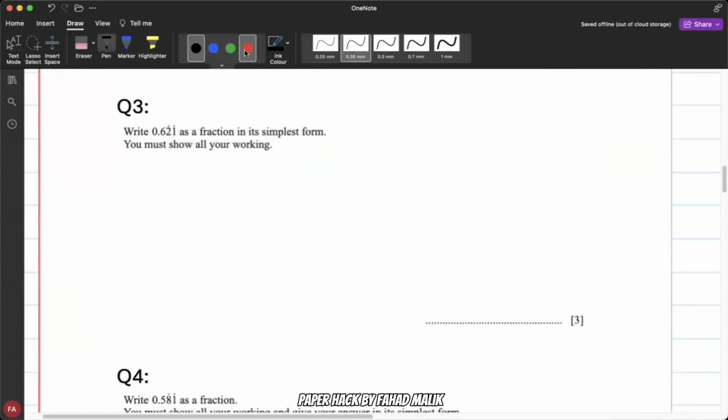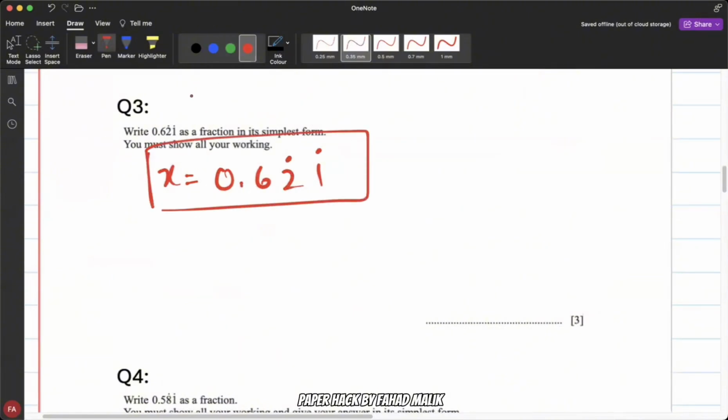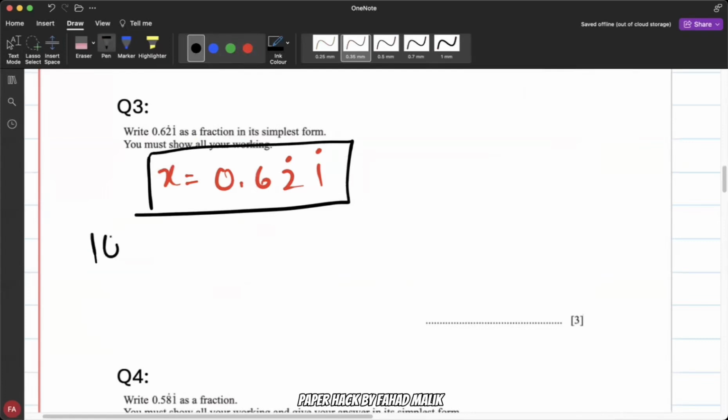Again, let's try another one. Let's take x as 0.621, and let's place a dot over here. How many numbers do you see? 2, right? So that means you should be multiplying this by 100x. Again, like I said, I just want to reiterate that there's no fixed method where if you do it this way, then you'll get marks.